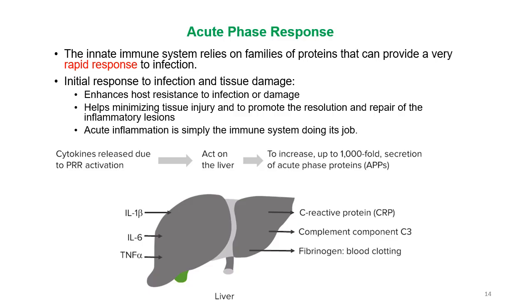So what happens? You have a lot of pain, right? You have swelling, right? You have redness, and the thing is hot, right? So that is acute inflammation. Okay. So what is happening here?